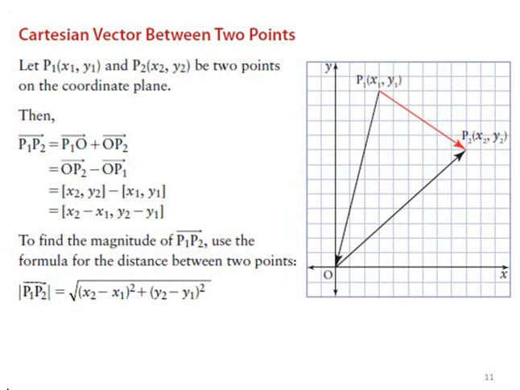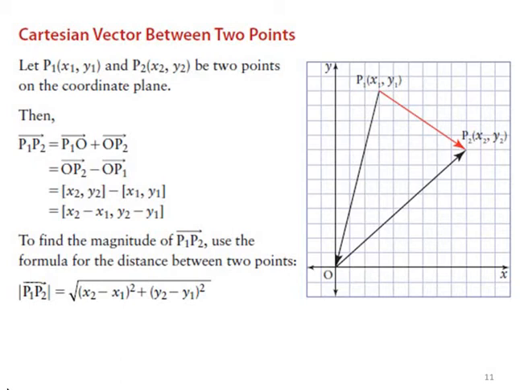Now I want to talk about the Cartesian vector between 2 points. Let P1 (x1, y1) and P2 (x2, y2) be 2 points on the coordinate plane. Then vector P1P2 equals vector P1O plus OP2. And we can say P1O is negative OP1.